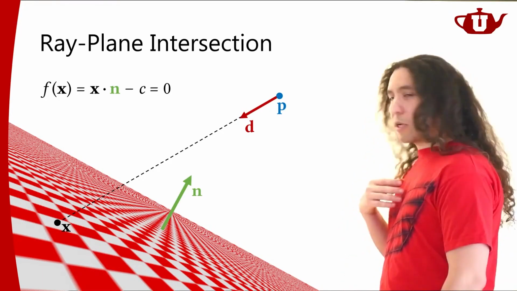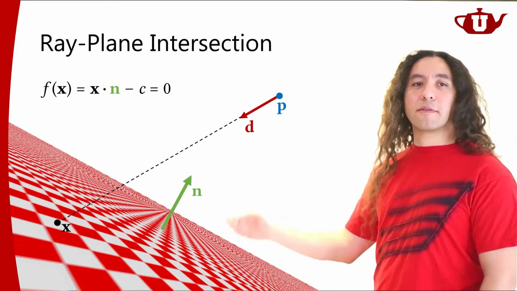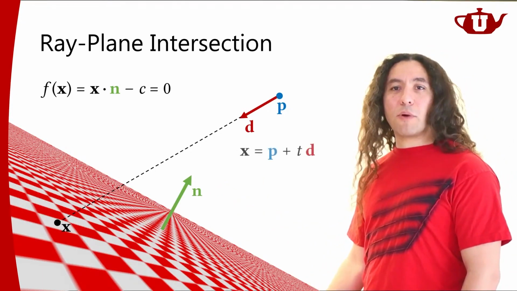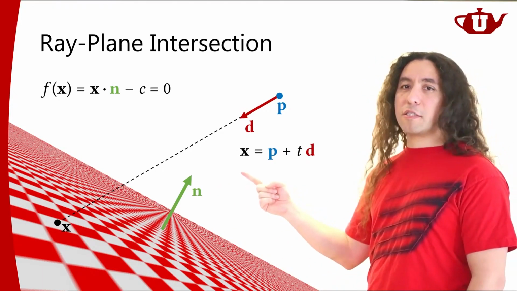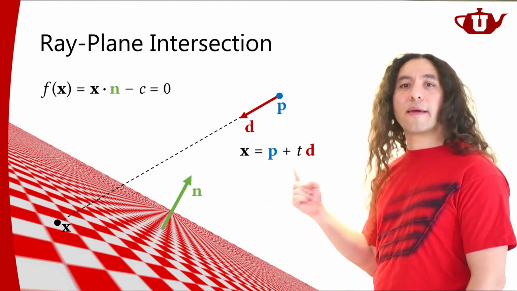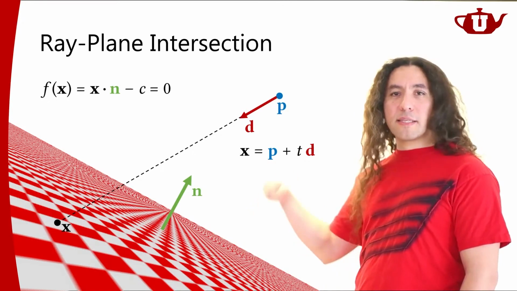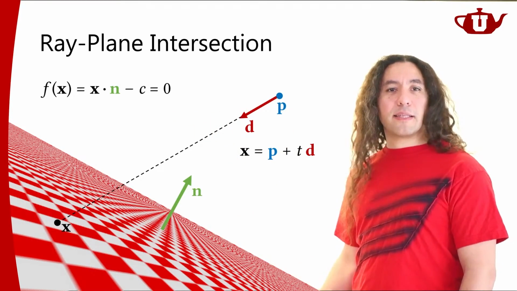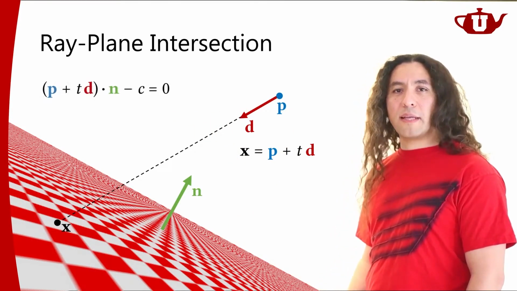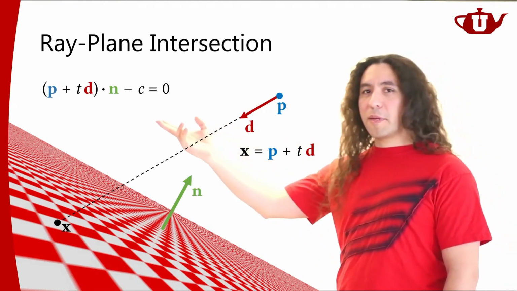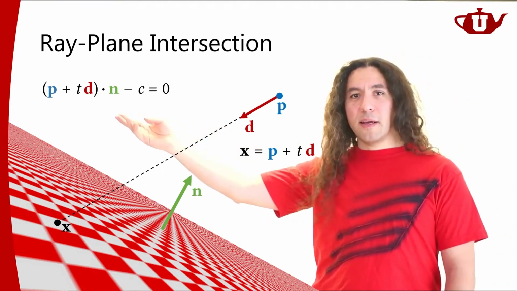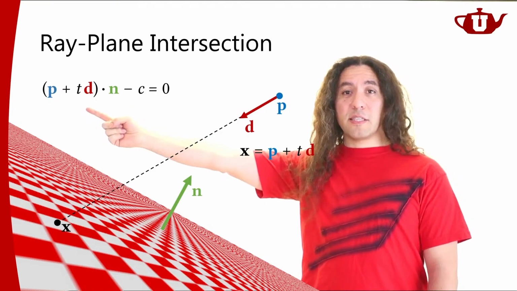So we're going to do the exact same trick. My parametric ray equation: any point x along the ray is defined by p plus td. I'm just going to take this and put it inside the implicit equation for a plane, and that gives me this formula. And here, t is the only unknown.